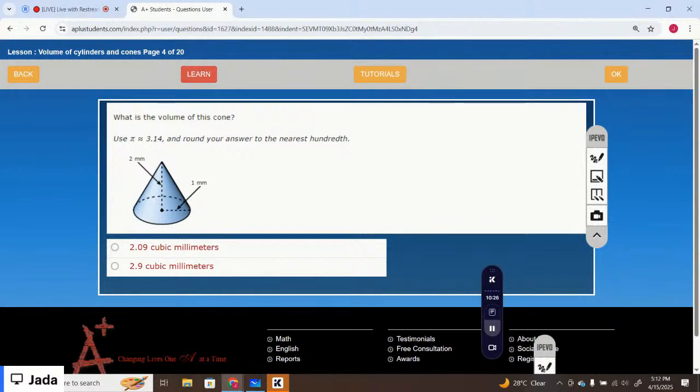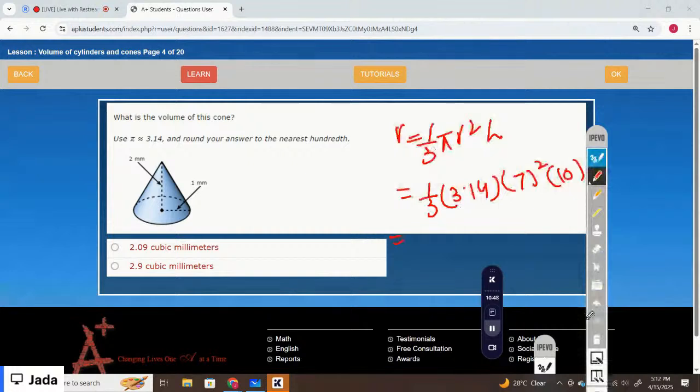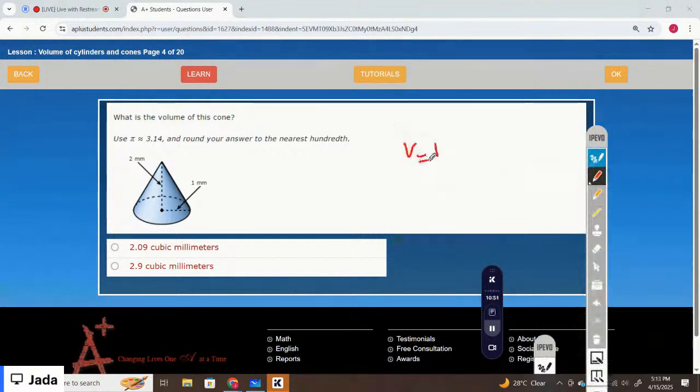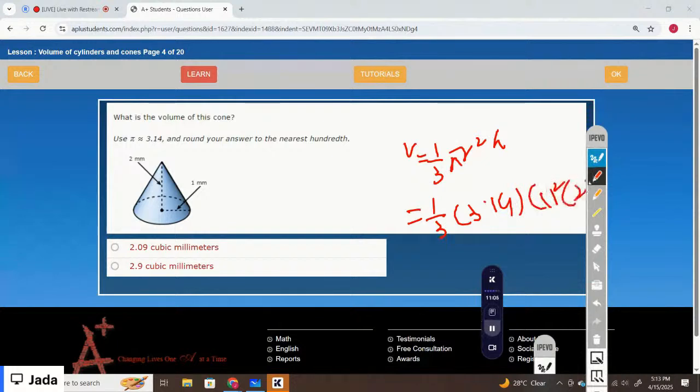What is the volume of this cone? The volume of the cone is V equals 1 by 3 pi r square h. So 1 over 3, pi is 3.14, r is 1, h is 2.